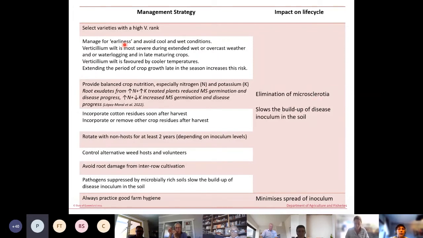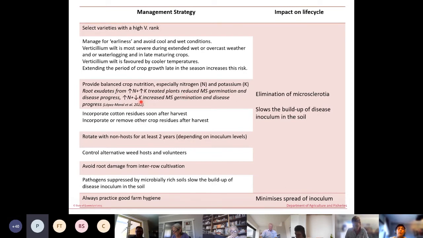And I just wanted to point out here about nutrition, because there was a question that came through about nitrogen. We talk about balanced crop nutrition, especially nitrogen and potassium, but there is research that shows that, in research I've seen overseas, with added N and added K, the root exudates reduced microsclerotia germination and disease progress.